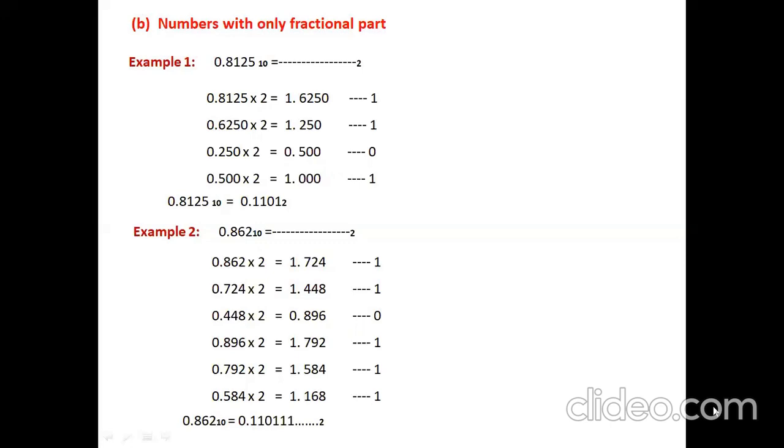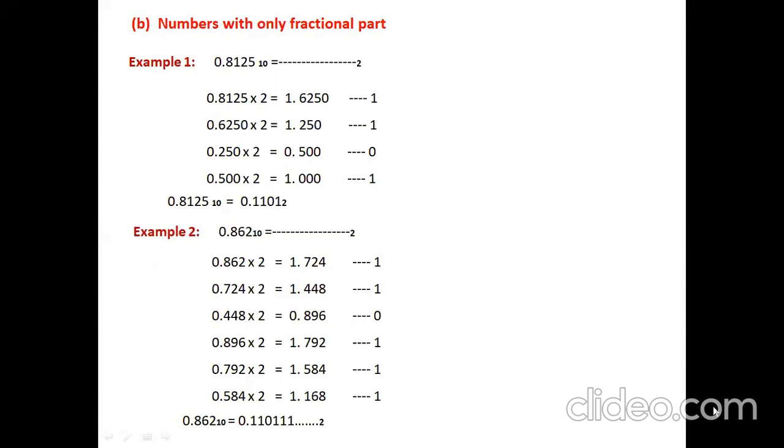Whatever the number before the point, generally it will be 1 or 0, that number has to be put at the side as shown here, that is 1. It should be put on the right side. And the number in the fractional part, that is 0.6250, only that has to be brought to the left side and multiplied by 2 again.